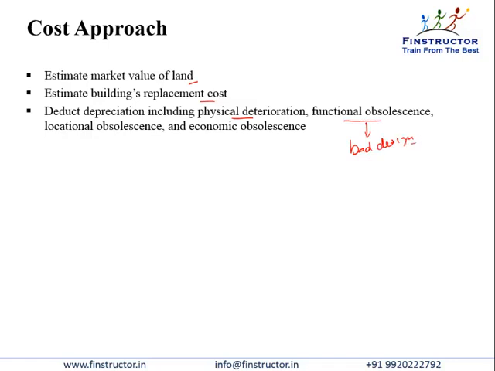So the same land and the same construction cost can have different value depending on how well the building has been designed. So instead of a 2-bedroom apartment in 1,000 square feet area, I made a 1-bedroom apartment, a big 1-bedroom apartment. Now nobody wants a 1-bedroom apartment in 1,000 square feet.